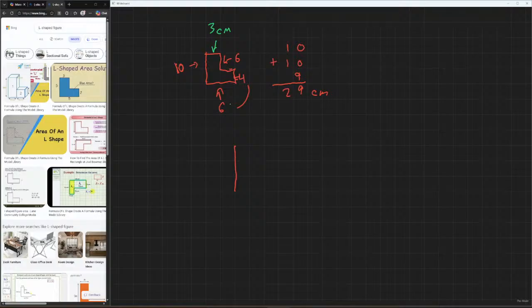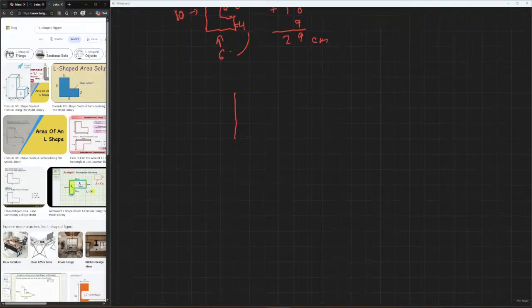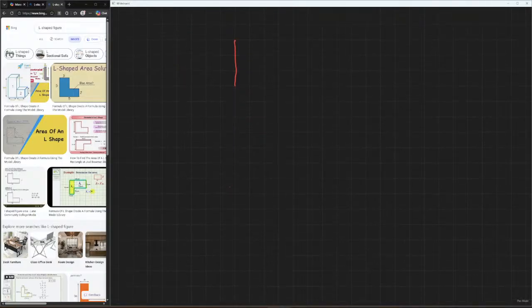So let's try to do this, like we have 3, 4, 5, 6, 7, 8, 9, 10. 10. Then we have 10.